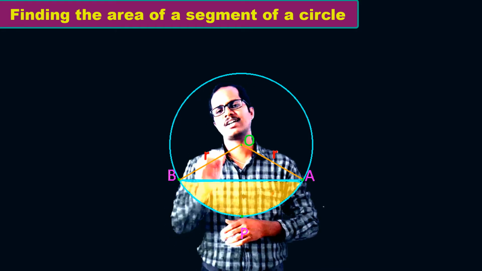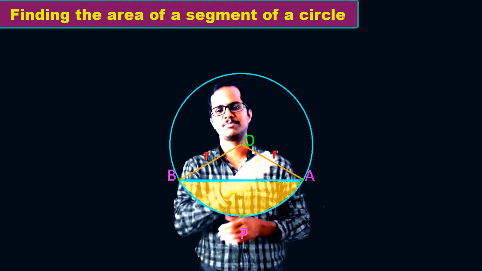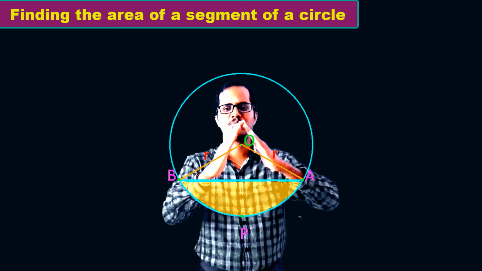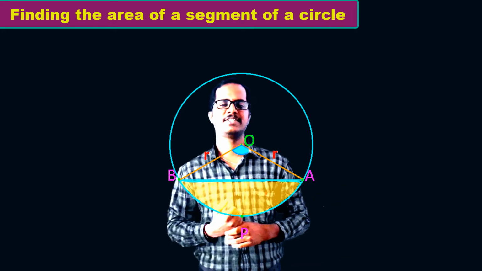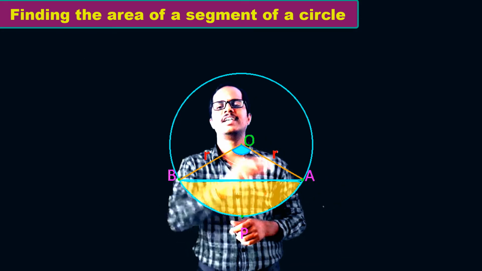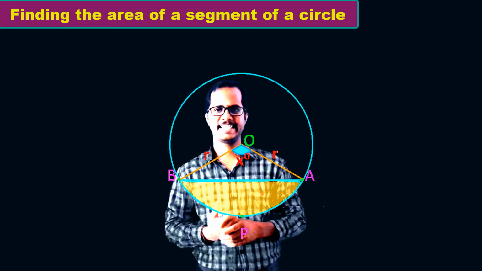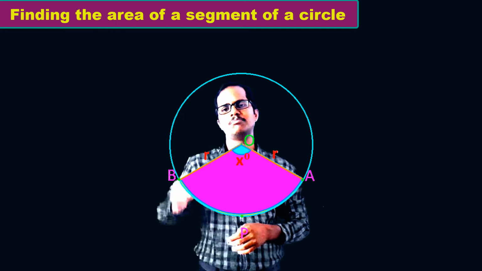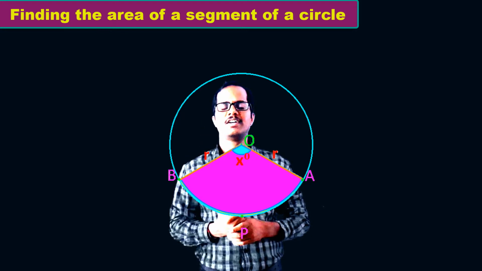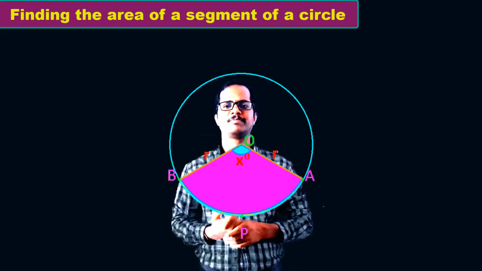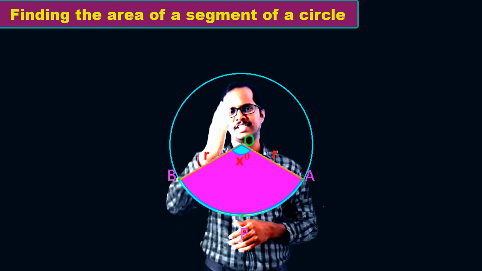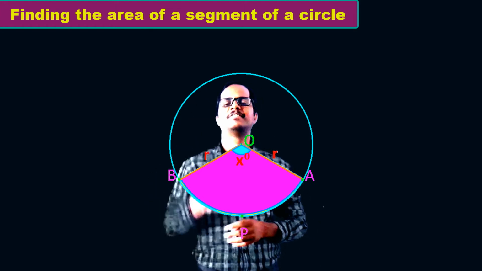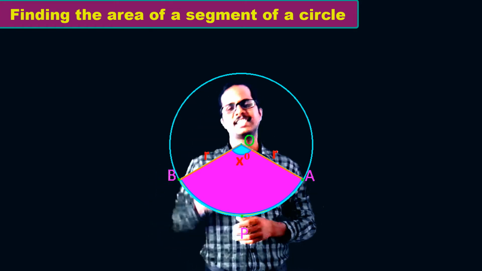Let's take the angle at the center made by these two radii OA and OB as x degrees. So the angle AOB is x degrees. If you consider the closed figure OAPB, which type of figure is it? Very good. It is a sector. OAPB is a sector.